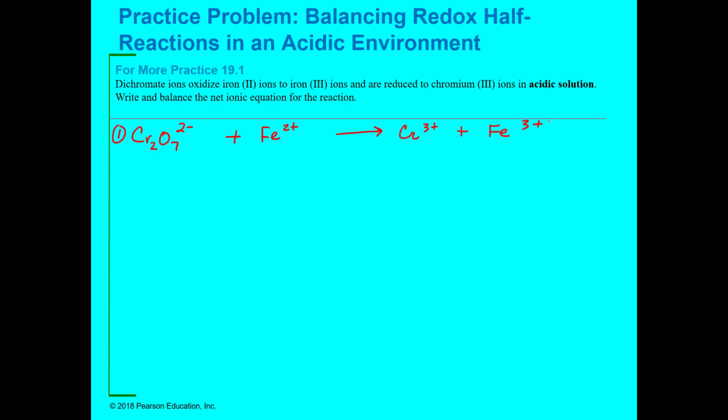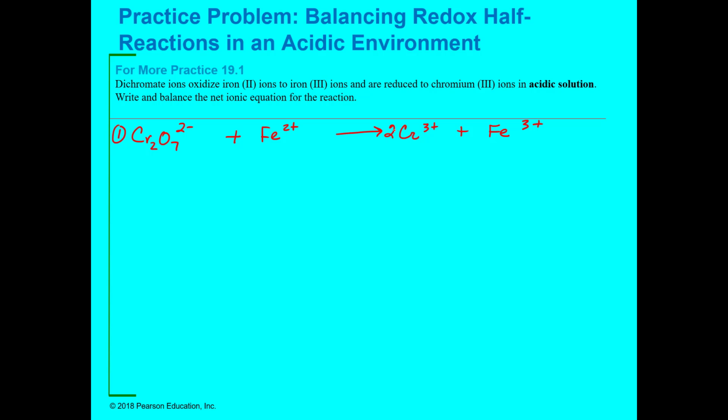In this one, though, I do have some oxygens, and so that's why I'm showing you how to go through this one, because you're going to have to first balance the weirdos. Okay, so I've got 1 iron on both sides. I've got 2 chromiums on the left, and so I need 2 chromiums on the right. Now, this is before I do electrons, okay?